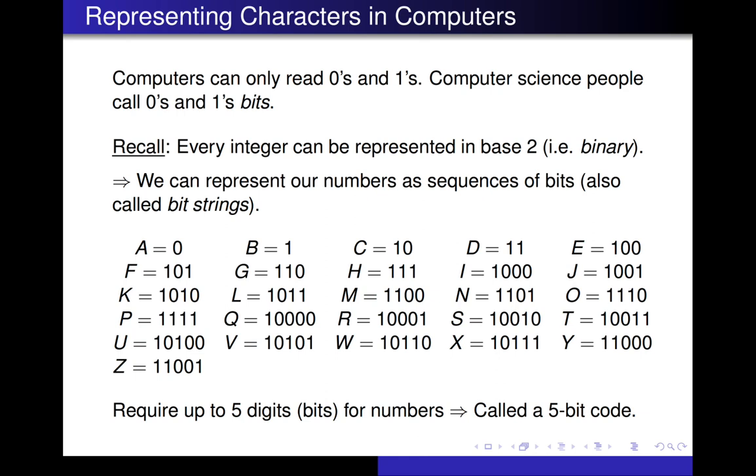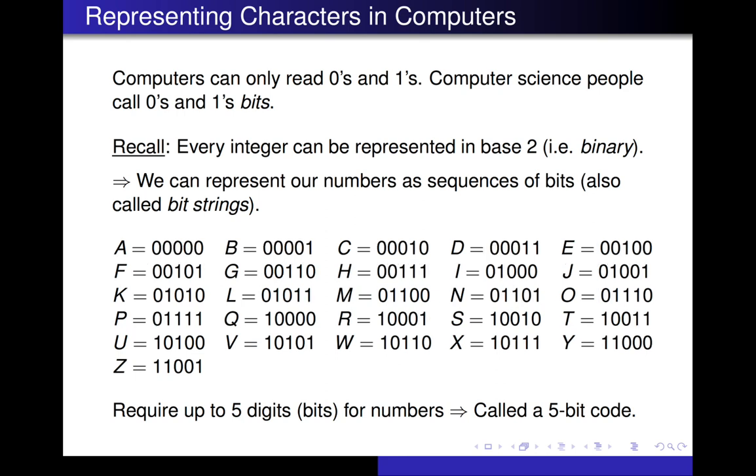And since they're 5 bits, to make it so that the computer doesn't get confused about how many digits it has to look at before it's finished with a letter, we're just going to give them all 5 digits, by putting zeros before the leftmost digits to bring it up to 5. So notice that A is not just 0, but it's 0, 0, 0, 0, 0. And C, for instance, is 0, 0, 0, 1, 0. And this makes it easy for the computer to tell when it's at the end of one character and at the beginning of another. It just looks at every 5 digits, if it knows that we're using a 5-bit code.